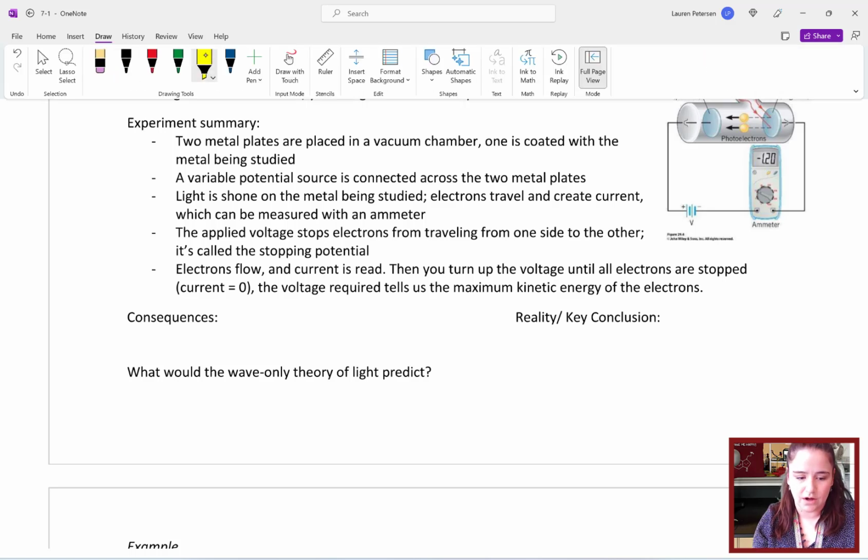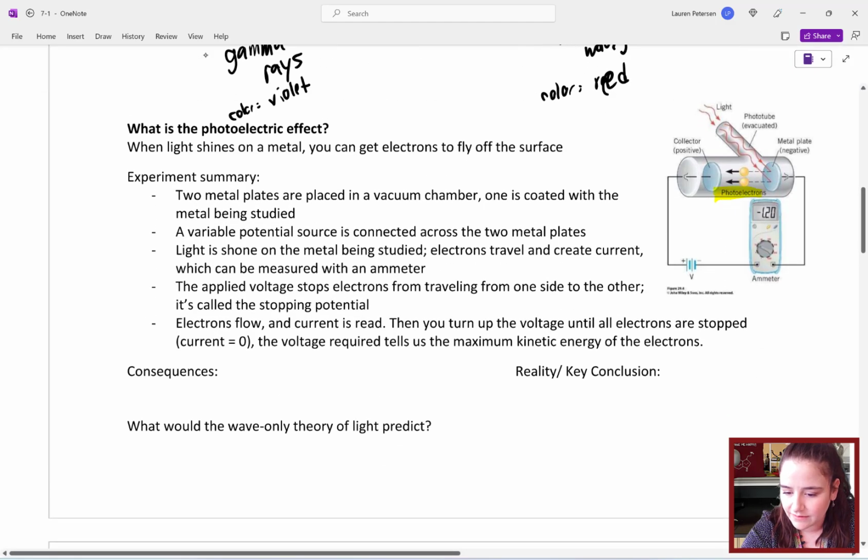The electrons being emitted, we call those the photoelectrons, right over there.